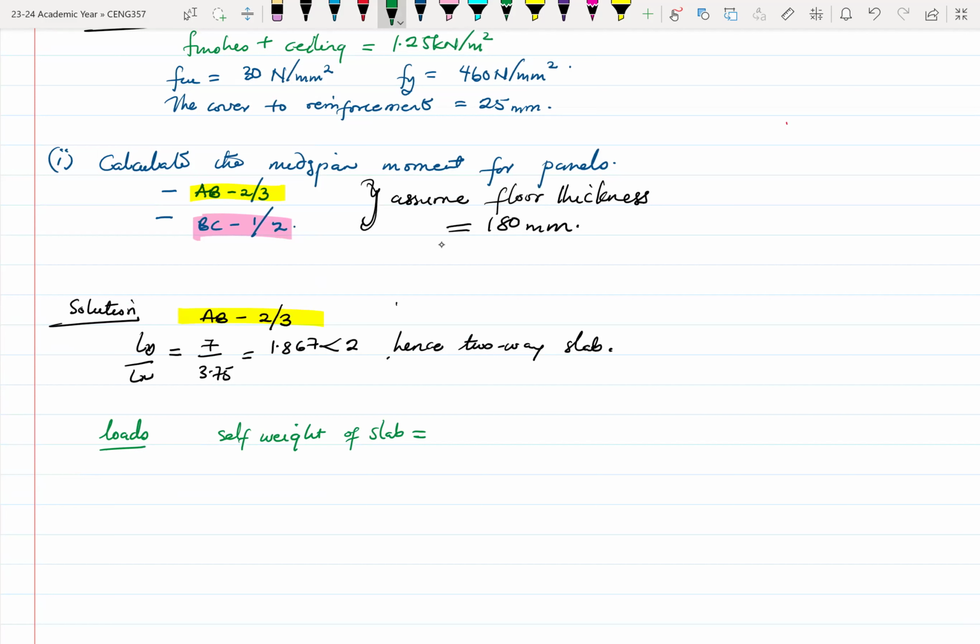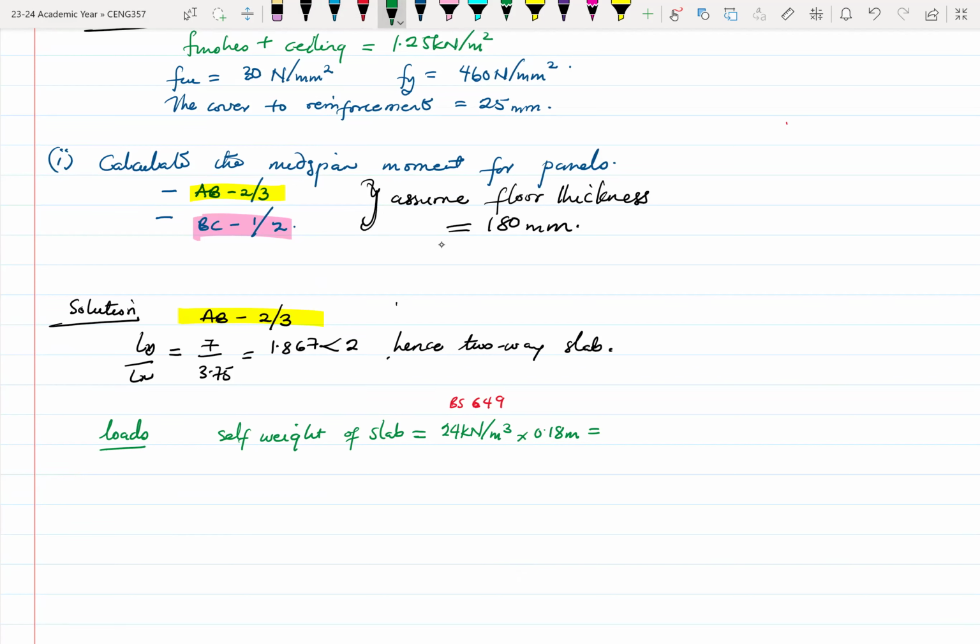This is going to be the unit weight of the slab, which is 24 kilonewtons per meter cube. This you can get from BS 648. Then times the thickness of the slab, which is 0.18 meters.